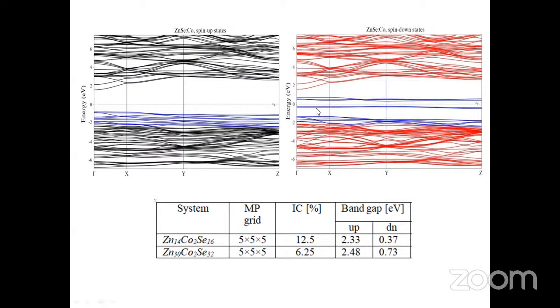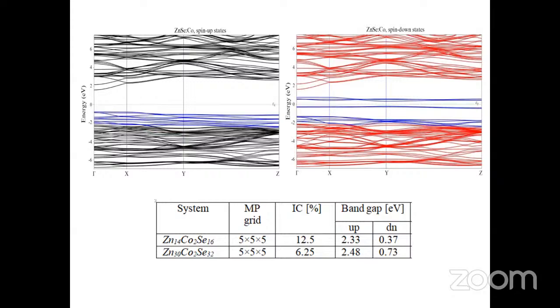And here in the spin down band structure, we see some impurity levels near the Fermi energy level, which mainly form from 3d states of the cobalt and 4p states of the selenium.